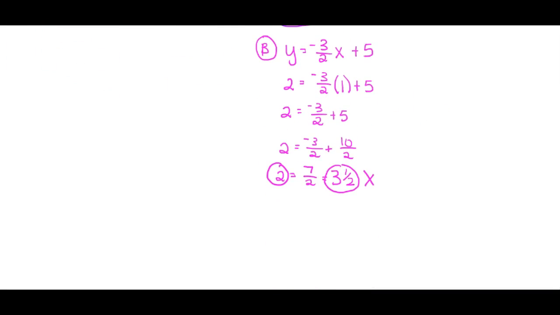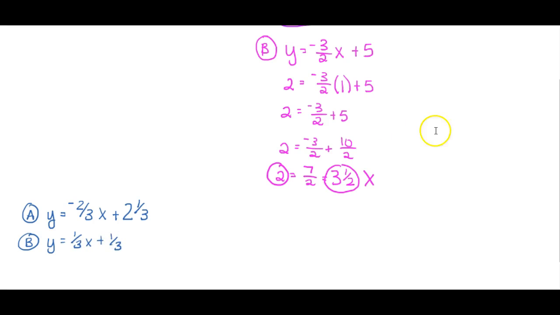Let's look at another one. What about y equals negative 2 over 3x plus 2 and 1/3, and our second equation, B, which is going to be y equals 1 over 3x plus 1/3.